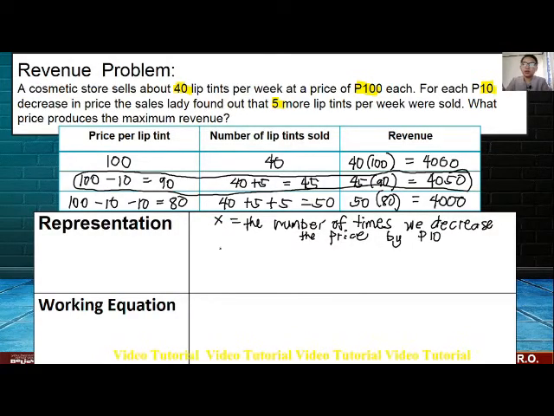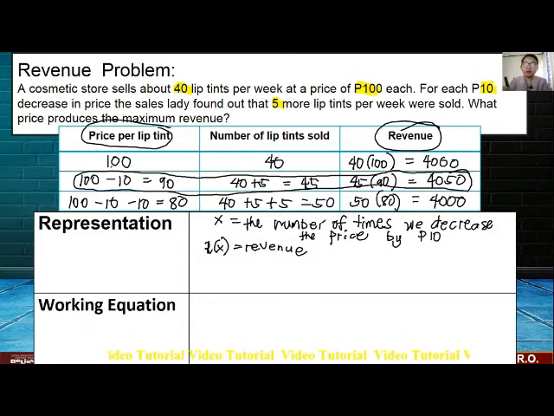And then we also represent the revenue as the value of y, or we can use another function which is R of x. So this will be the revenue. And then we also have to represent the price. In representing the price per lip tint, we follow 100 minus 10, because we are deducting 10 pesos from the original price, which is 100.